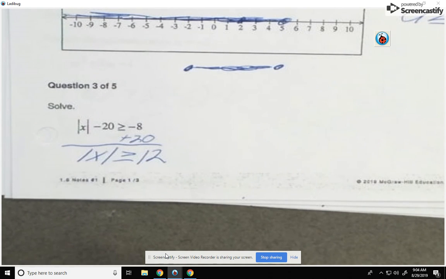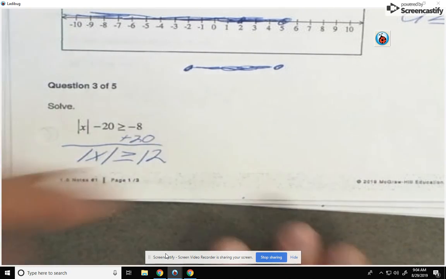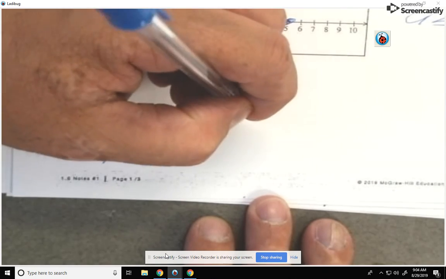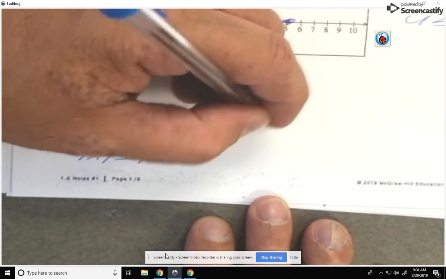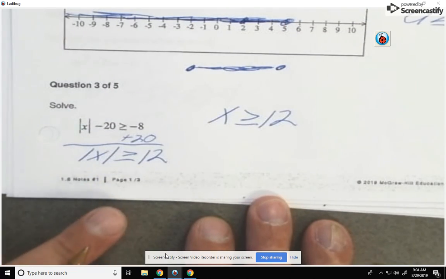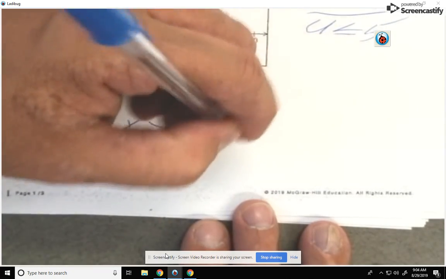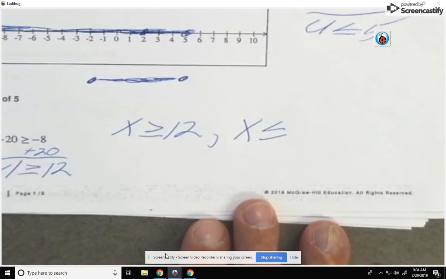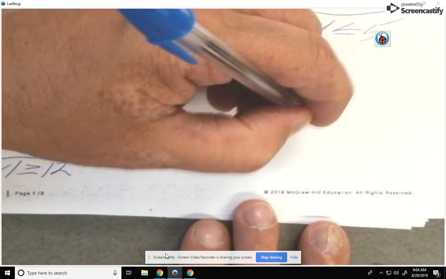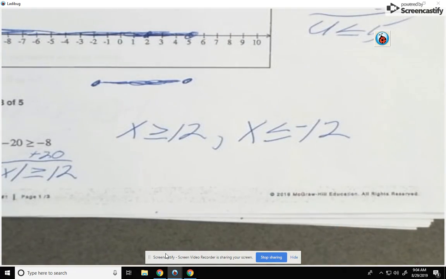Now, just like with the equations, we now split this into 2 pieces. The first equation is going to be exactly as it's written. So x is greater than or equal to 12. Your second one, you flip your inequality symbol and make it a negative. So x is less than or equal to -12.